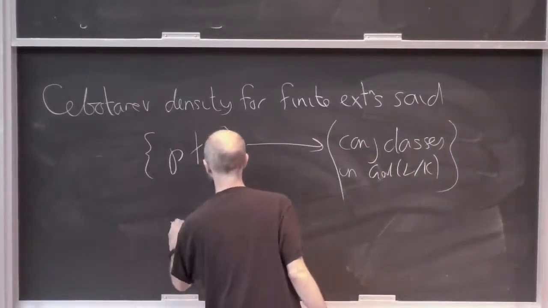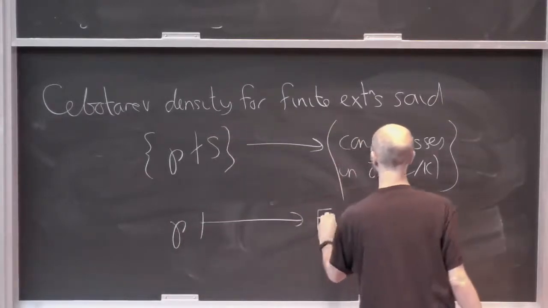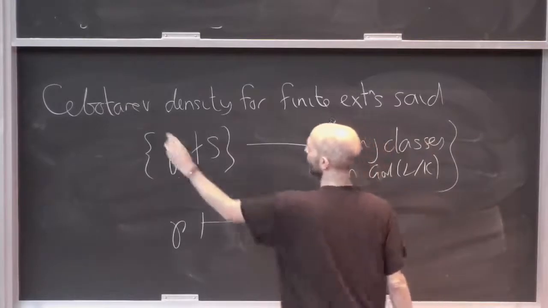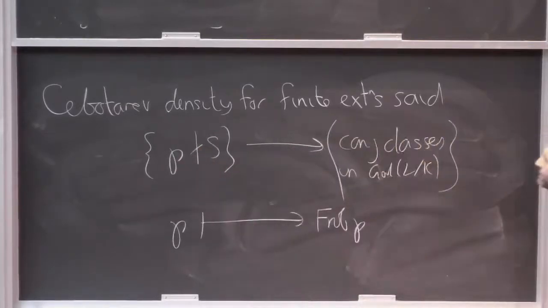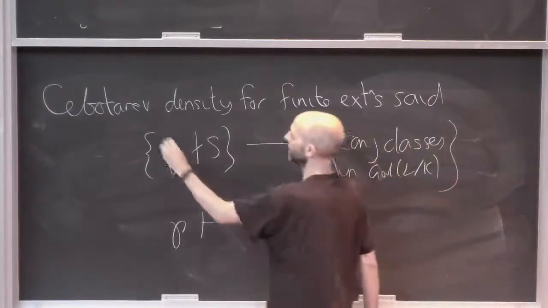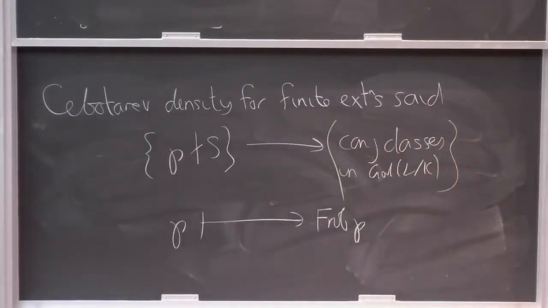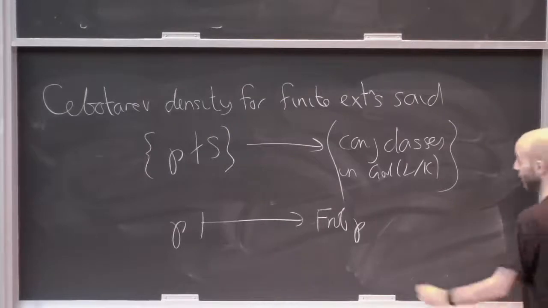There's missing accents, sorry, on Chebotarev. I forget where they go. They're sort of strange. I should revise my Cyrillic somehow, shouldn't I? Chebotarev density for finite extensions says this is surjective.